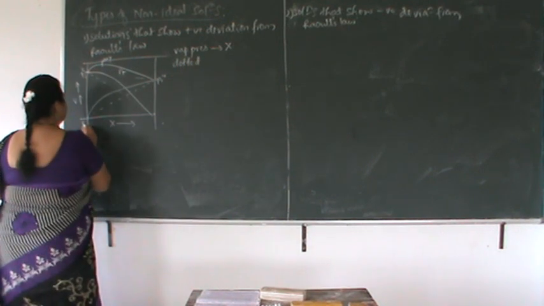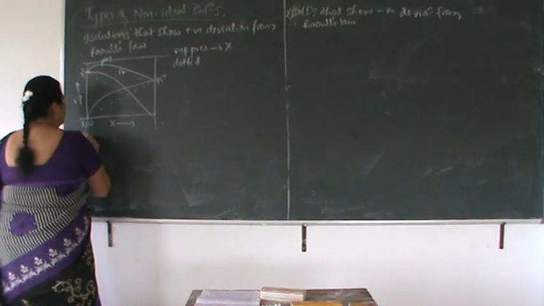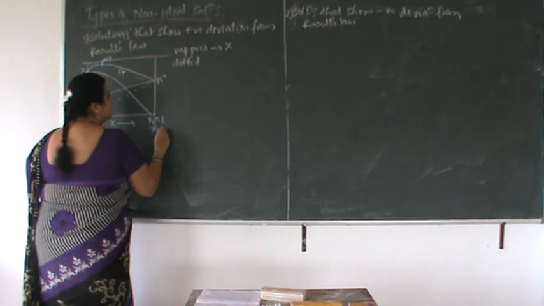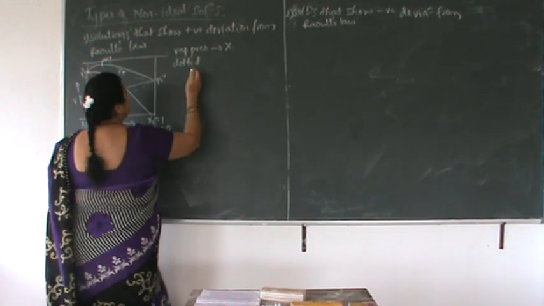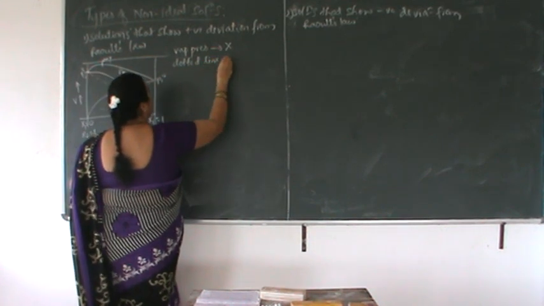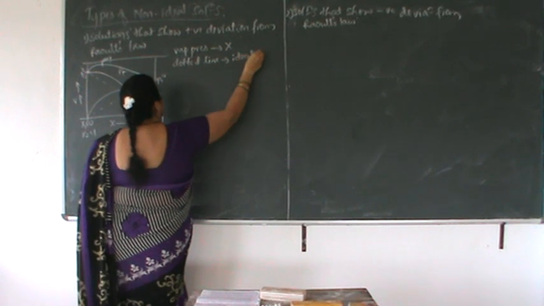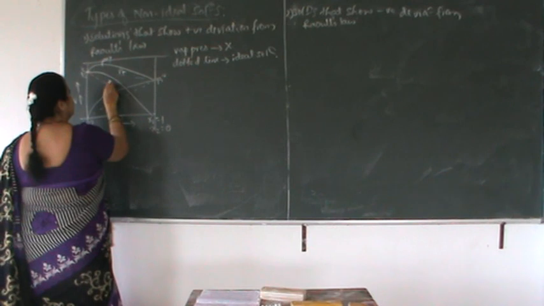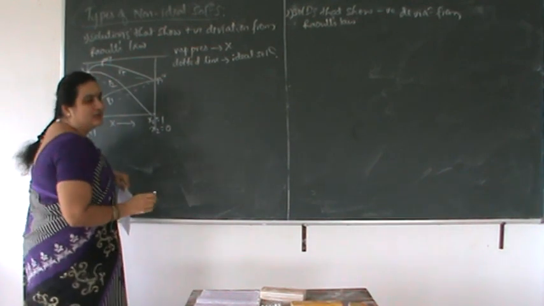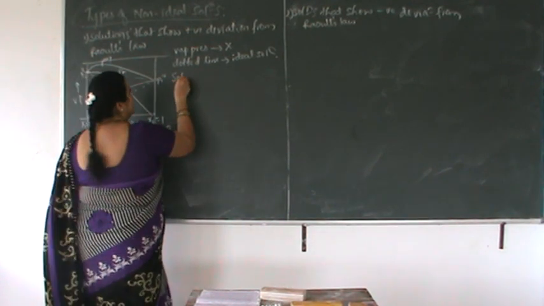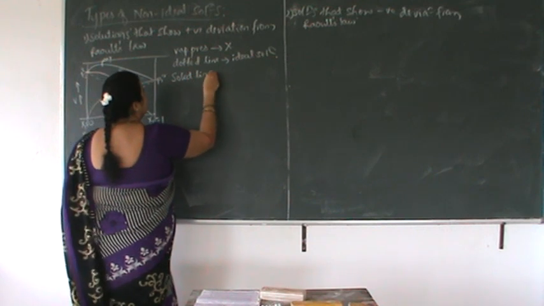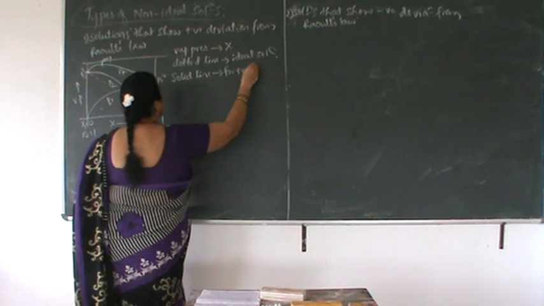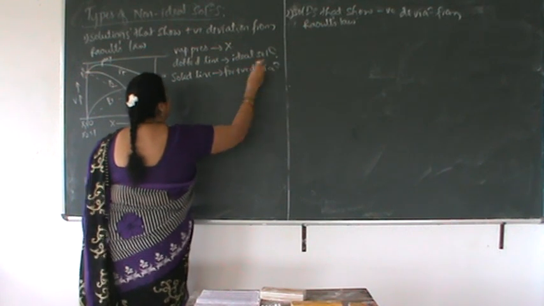Here x1 is equal to 0, x2 is equal to 1, and x1 is equal to 1, x2 is equal to 0. The dotted line is for the ideal solution. This is P1, and this is P2. The solid line represents that for positive deviation from Raoult's law.